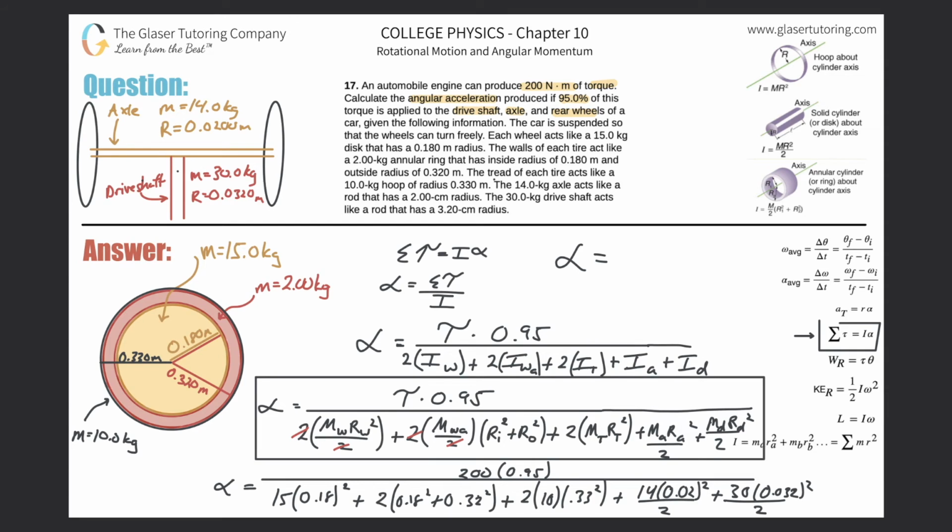I get a value of about 2.95 for the denominator.